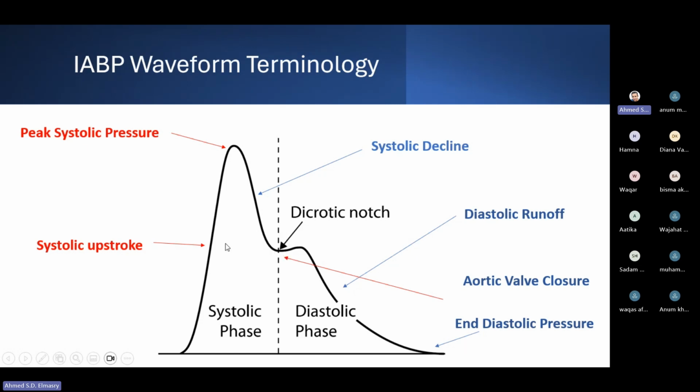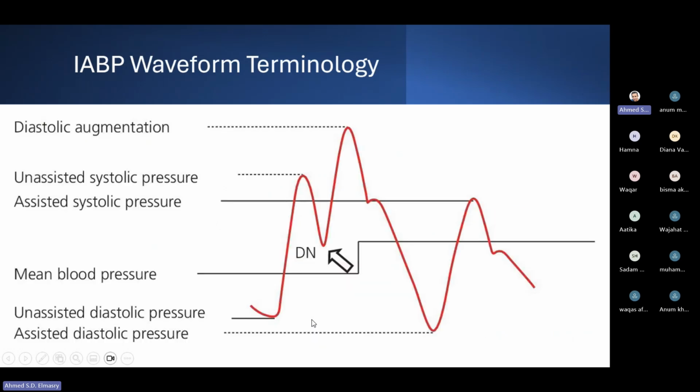Prior to the dicrotic notch, you will find the systolic phase, and after the dicrotic notch, you will find the diastolic phase. The intra-aortic balloon starts the filling and augmentation at the dicrotic notch. So what will happen is that the area under the curve of the diastole will be maximized, and the area under the curve of the systole will be the same.